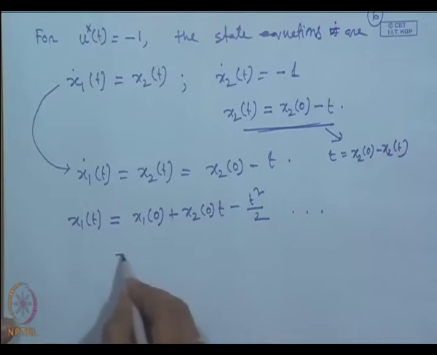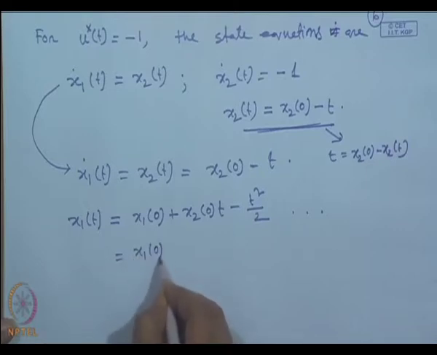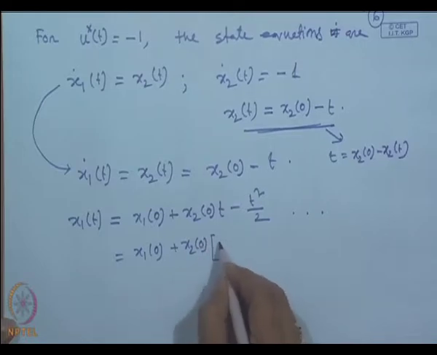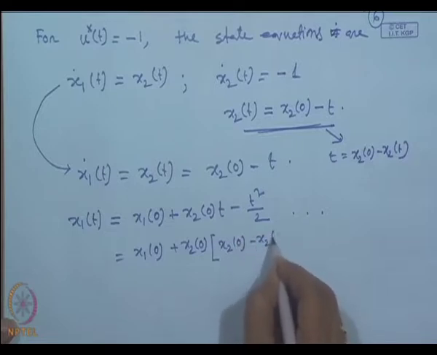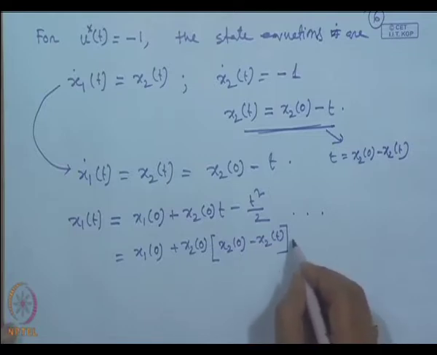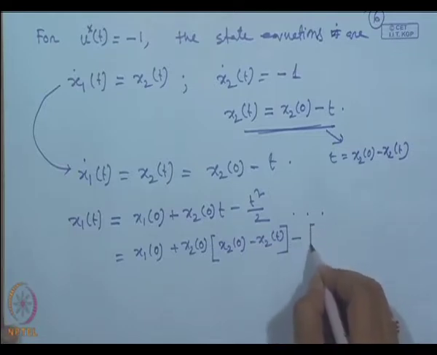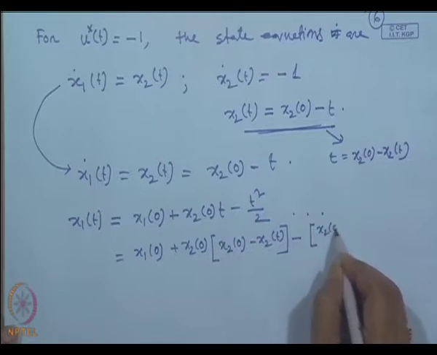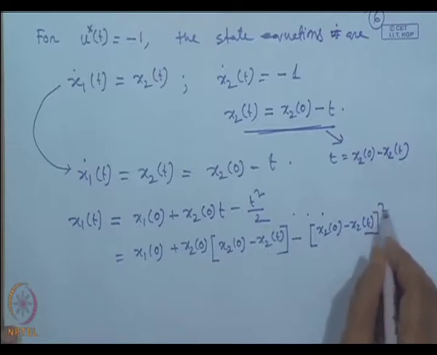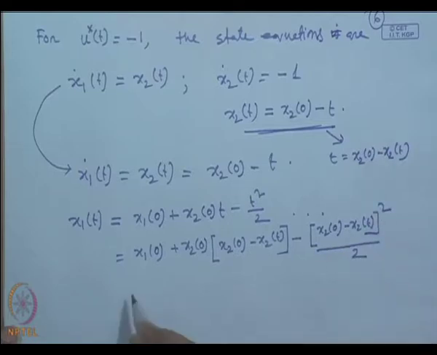So, put this value here: x1 of 0 plus x2 of 0 times x2 of 0 minus x2 of t. Agree? So, minus t square, that is x2 of 0 minus x2 of t whole square by 2.